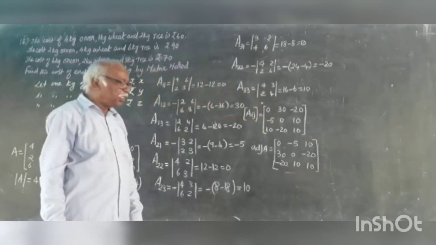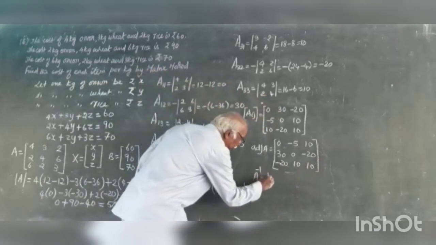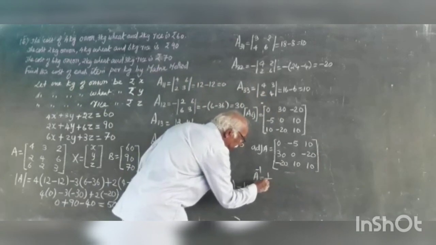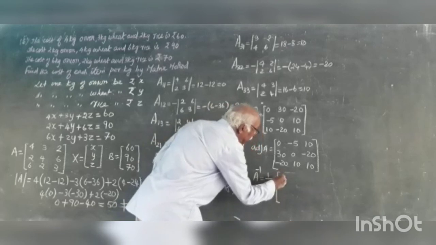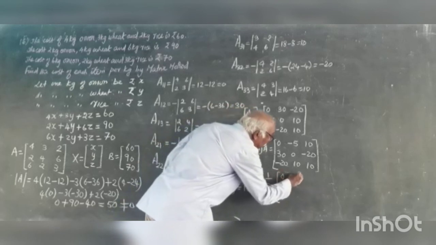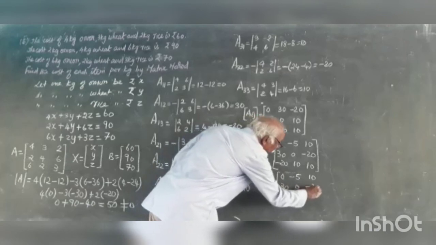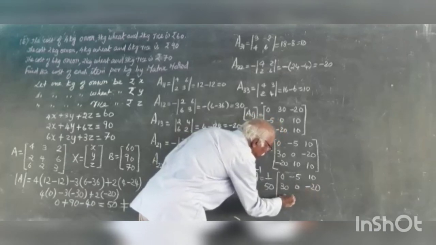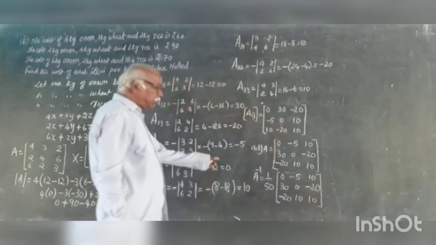Then we have to find A inverse. A inverse is equal to 1 by determinant A, 1 by 50 into adjoint A, which is the matrix 0, minus 5, 10, 30, 0, minus 20, minus 20, 10, 10. Then we got A inverse.